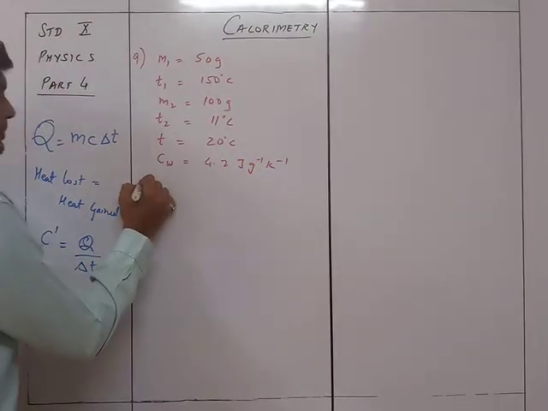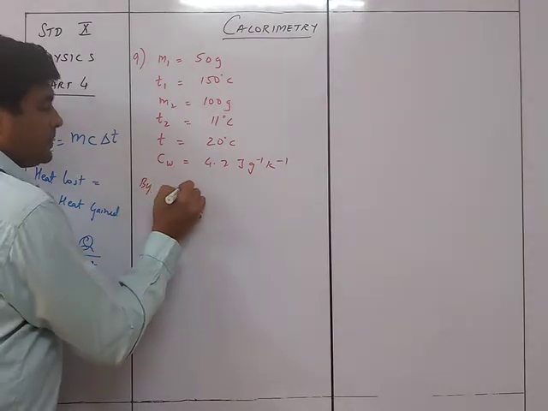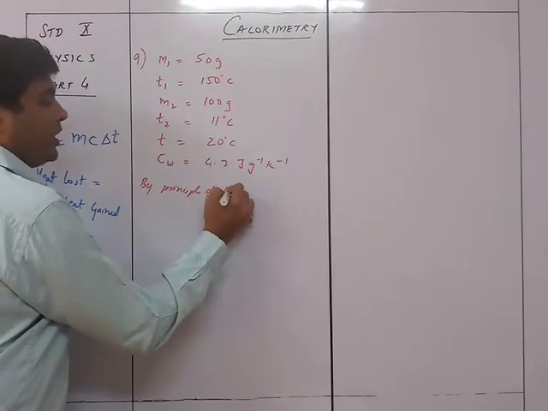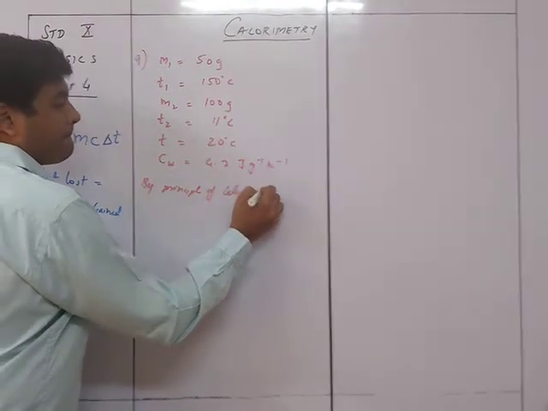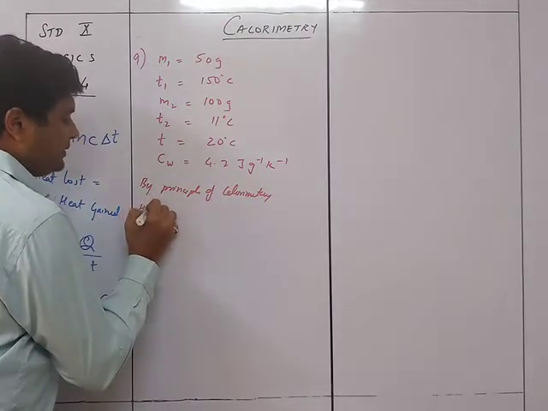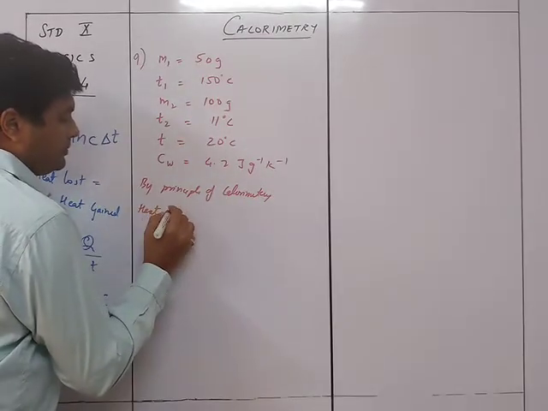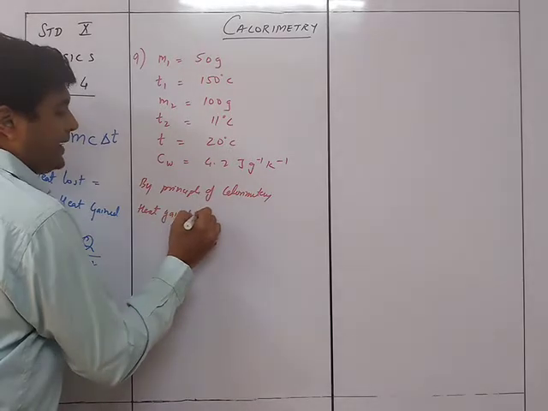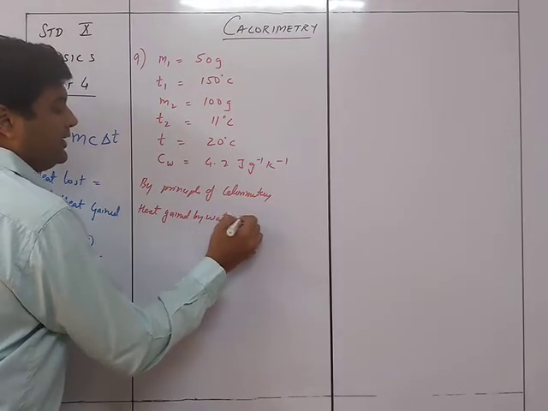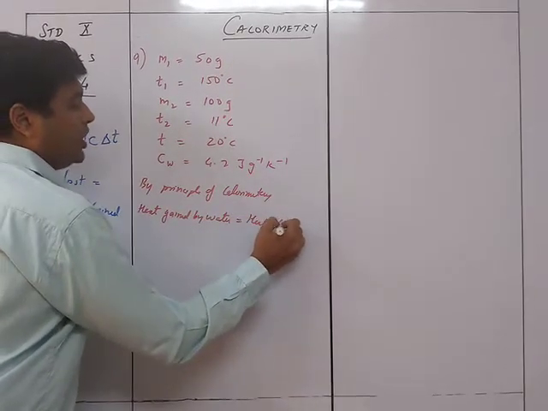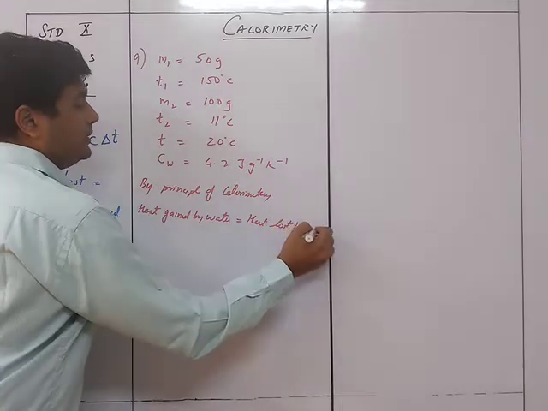So now we know that by principle of calorimetry, heat gained by water is equal to heat lost by metal.